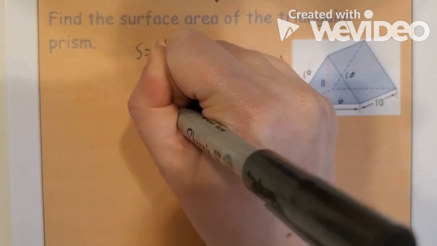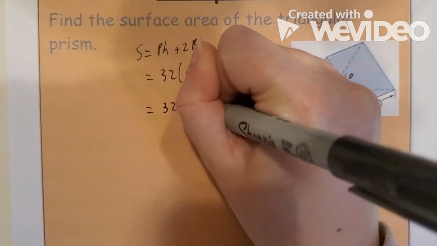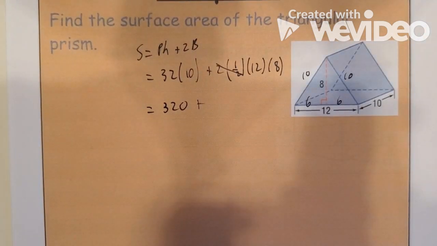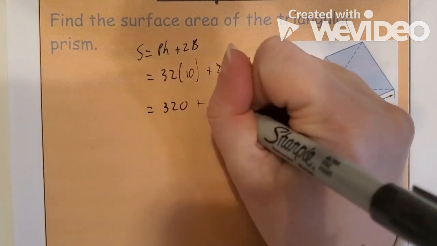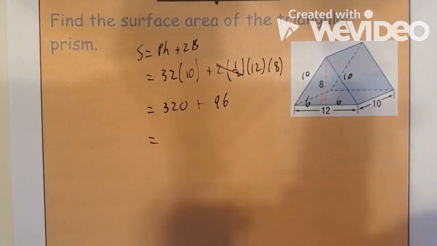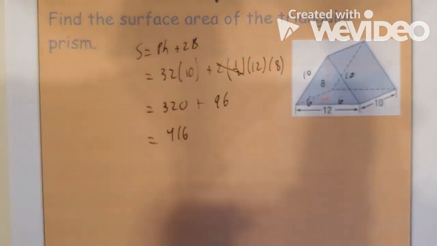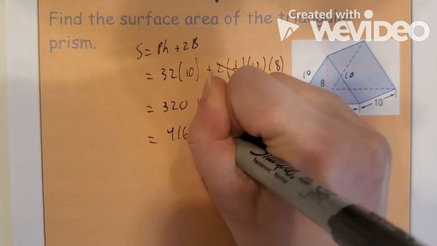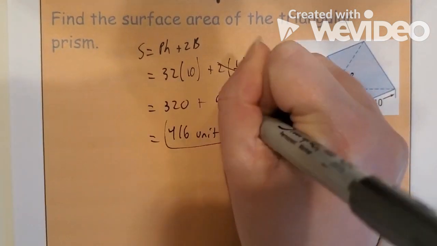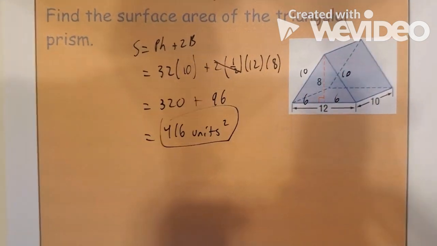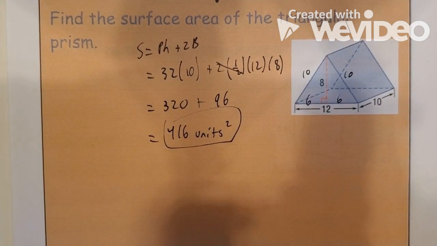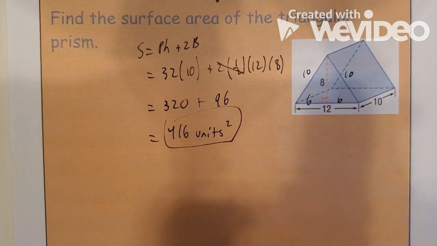So now we just have 320 plus, what's 12 times 8? 96. So the surface area then is going to be 416 units squared because we don't have any units here this time. All right, so there's that one.